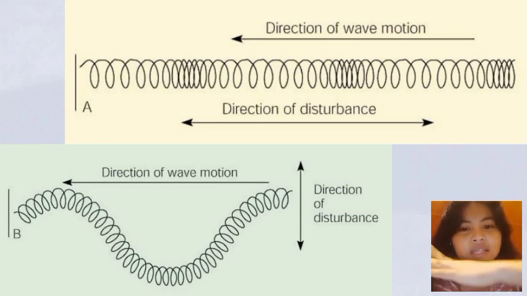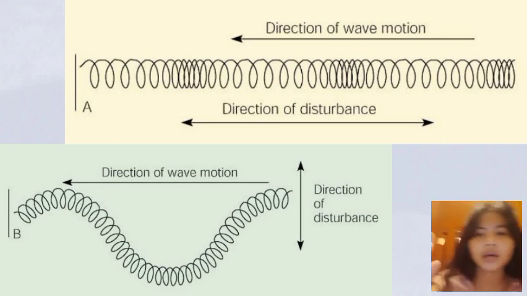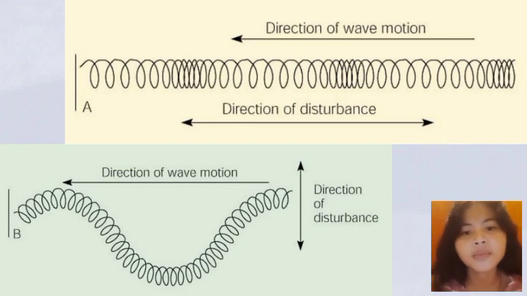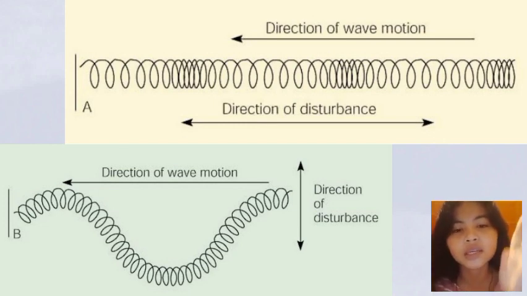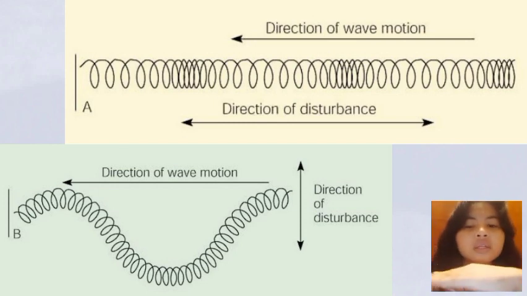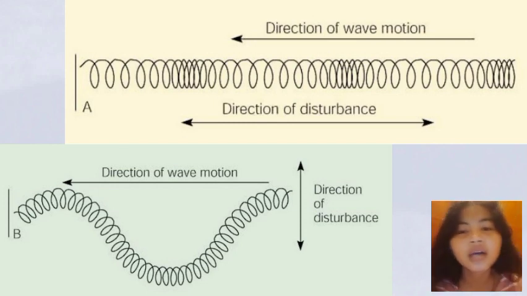For example, the wave motion in this case is from right to left, while the vibration of the particles being disturbed is up and down. So they intersect, and the angle between them forms 90 degrees. That is for the longitudinal and transverse wave.